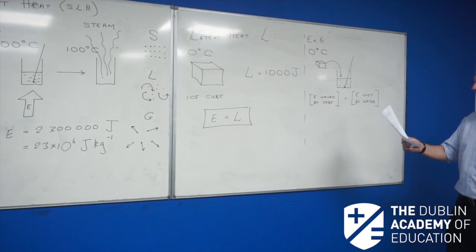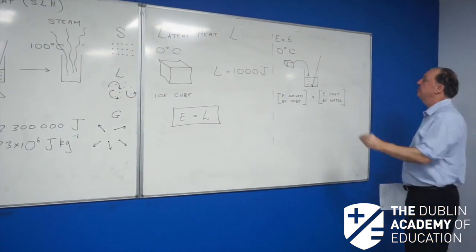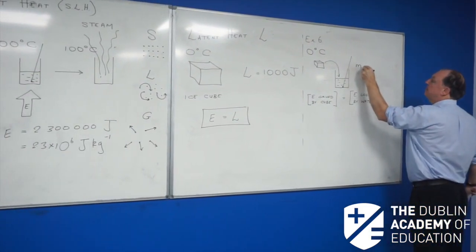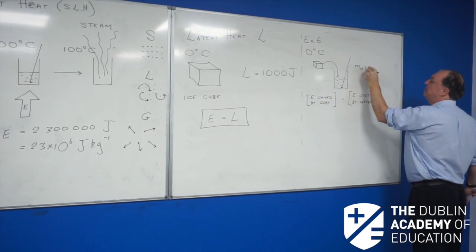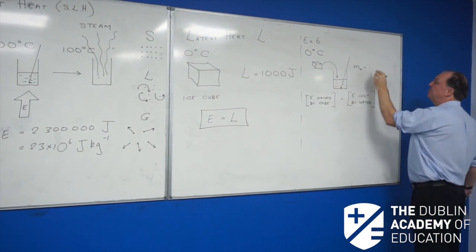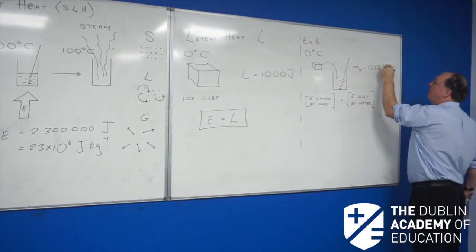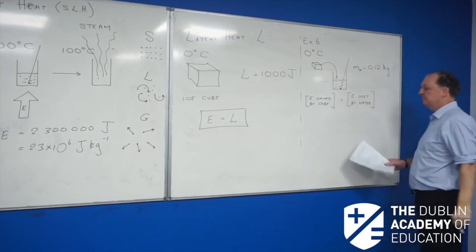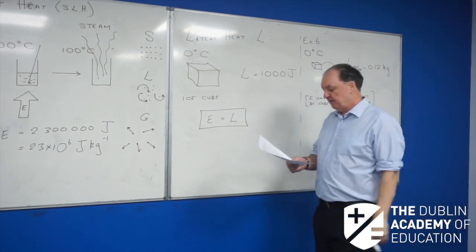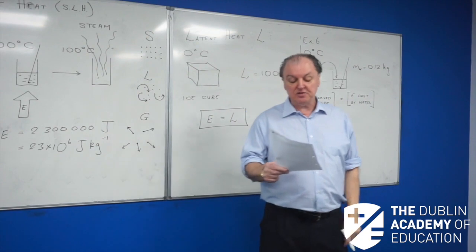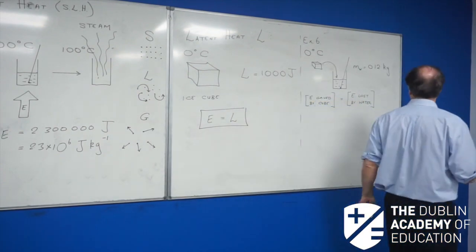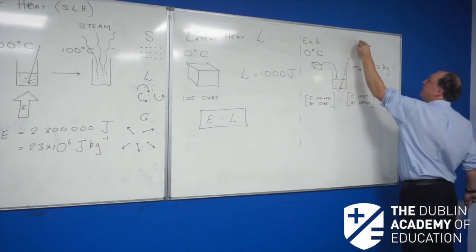It causes a drink of 120 grams. So the mass of the water, 120 grams. Change that into kilograms, 0.12 kilograms. It's at 10 degrees Celsius, and it causes it to chill by 1 degree Celsius.